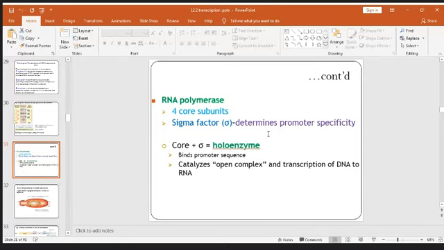So when we discuss the RNA polymerase enzyme, we can say that it has a core unit of enzyme plus sigma subunit, and both are called the holoenzyme complex. The holoenzyme complex binds the promoter sequence region. Once the promoter sequence region is identified, it can catalyze the open complex and transcription of DNA to RNA.